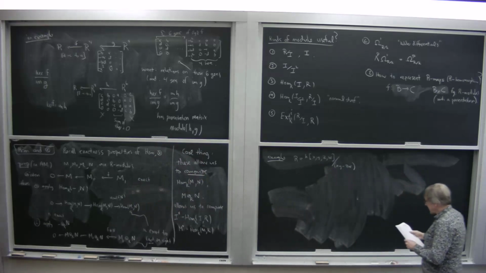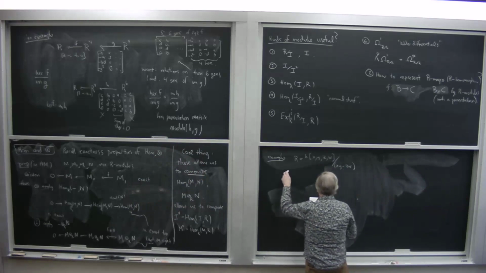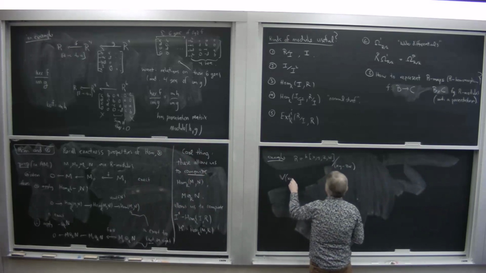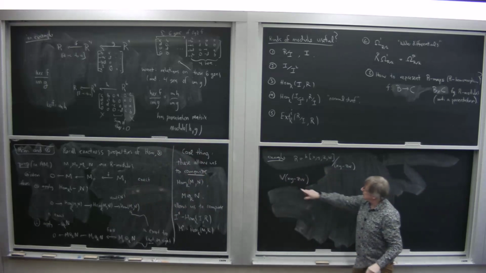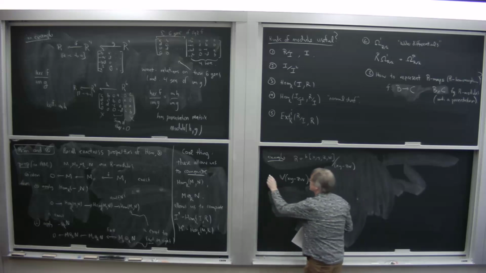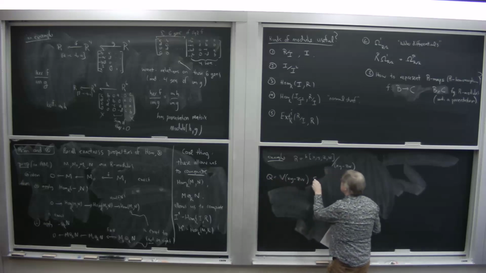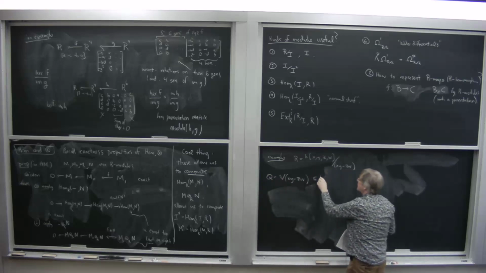Anyway, there's that. Now if I look at the zero set, we haven't really talked too much about zero sets, but if I take the zero set of xy minus zw, this is going to be a quadric. I'm going to call it Q. It's homogeneous, so I'm going to say it's in projective 3 space.